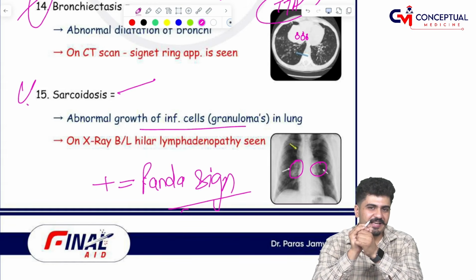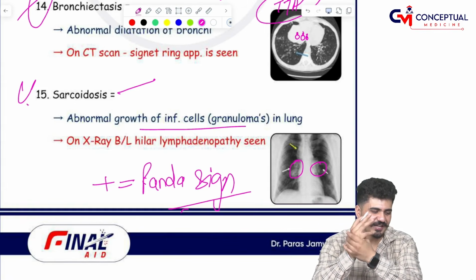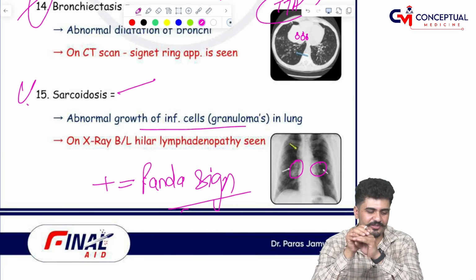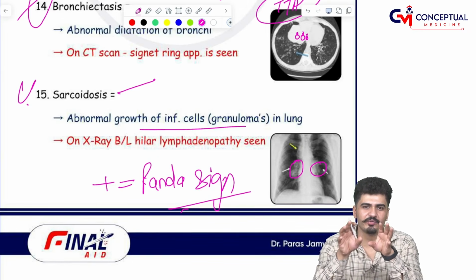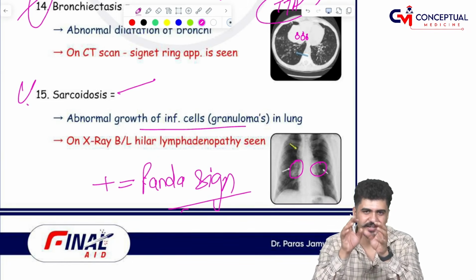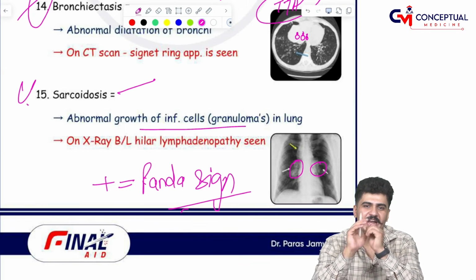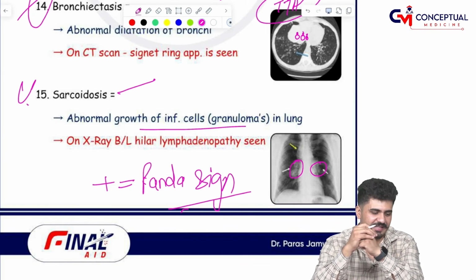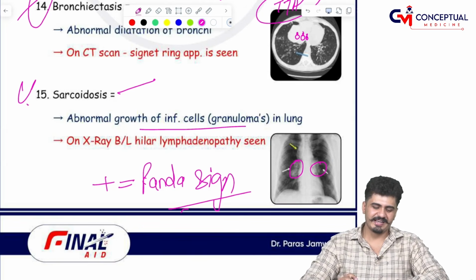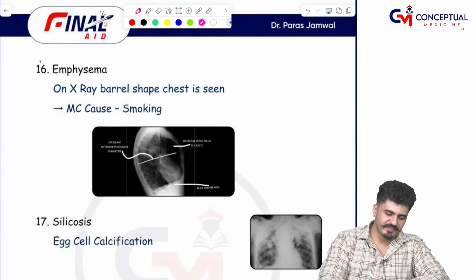Sarcoidosis is the second most common cause of intermediate uveitis, my dear friends. Anterior का HLA B27 था. Intermediate uveitis.